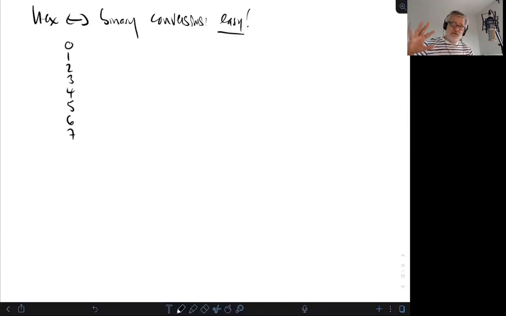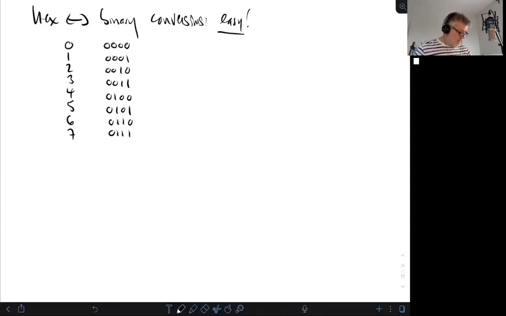Let's write down the first few numbers in binary on 4 bits. 0, 1, 2, 3, 4, 5, 6, 7, 8, 9, and then I want to write the rest in hex: 10, 11, 12, 13, 14, 15.